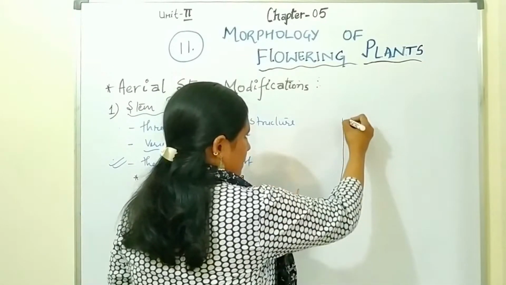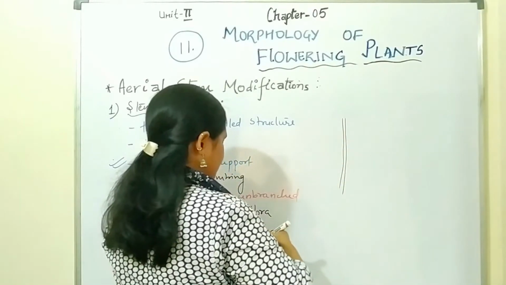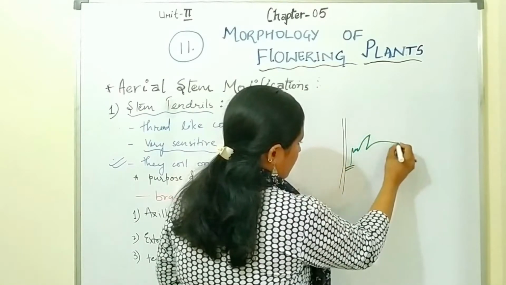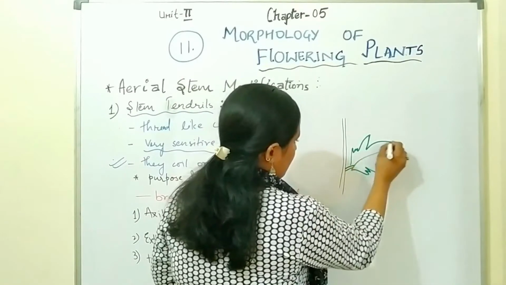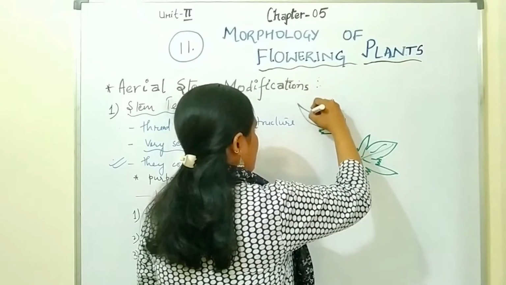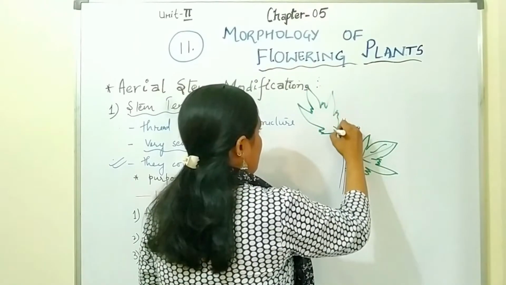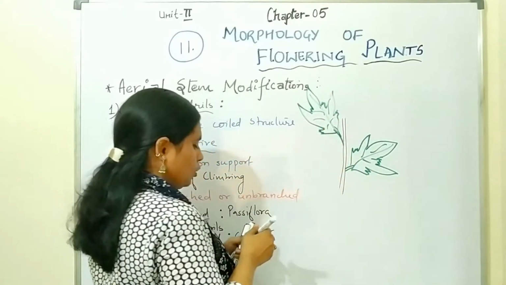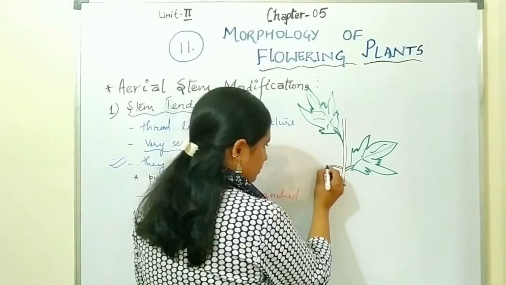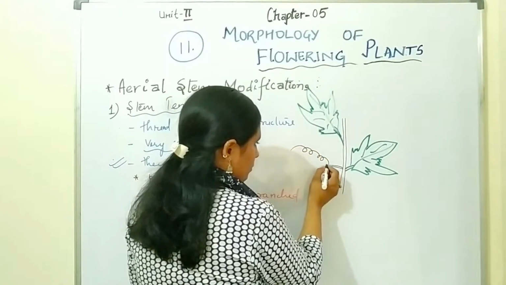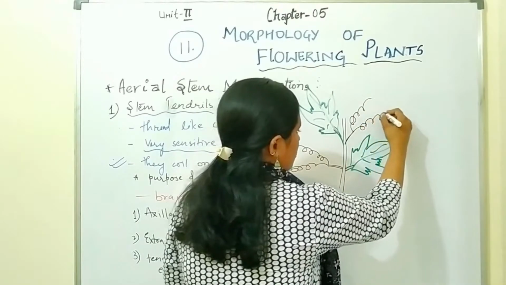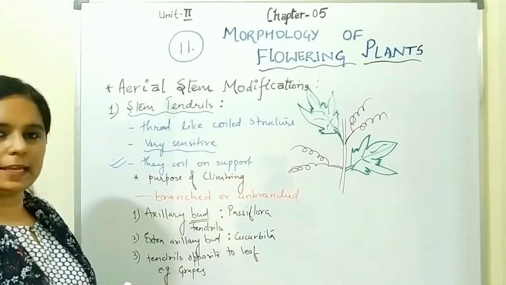If this is the stem, and suppose the leaf is like this, this is the leaf of grape, you will see the tendril opposite to the leaf. Like this. So this is for the purpose of climbing on any support.